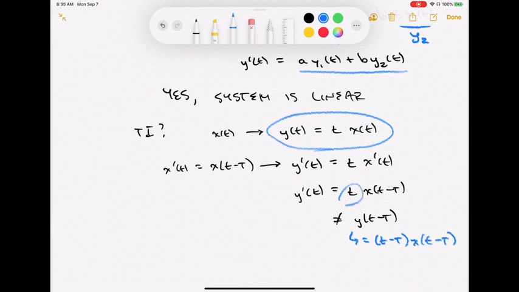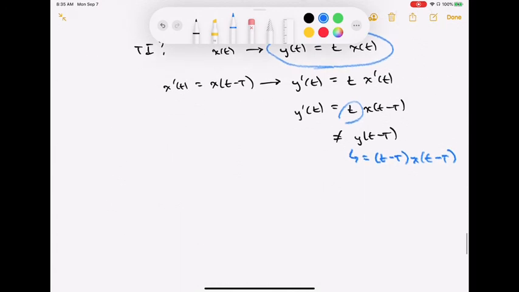That t parameter out front ended up not getting the delay operator. So commutability does not hold here. We can conclude that this is not time invariant.